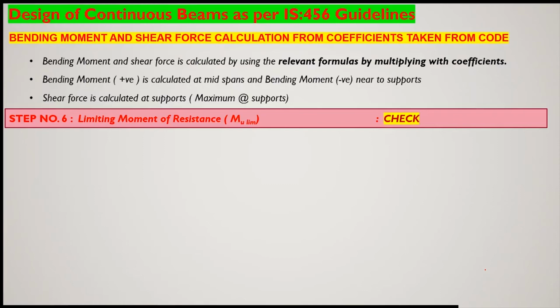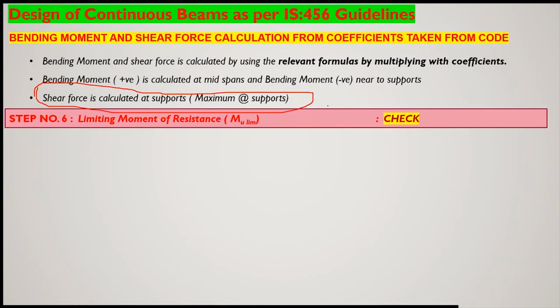Similarly, you have to calculate the shear force at supports, that is, the maximum shear force at support, from Table number 13. I have skipped this calculation part of shear force, which is very similar to bending moment.